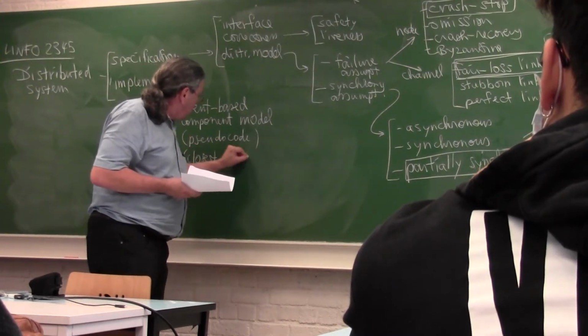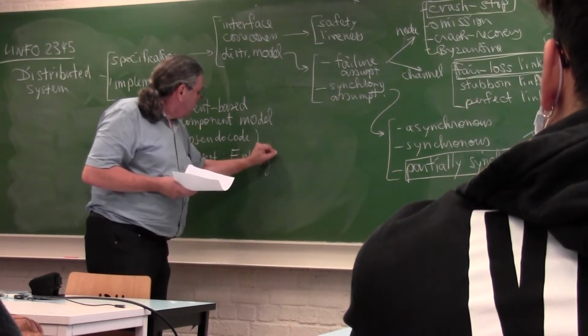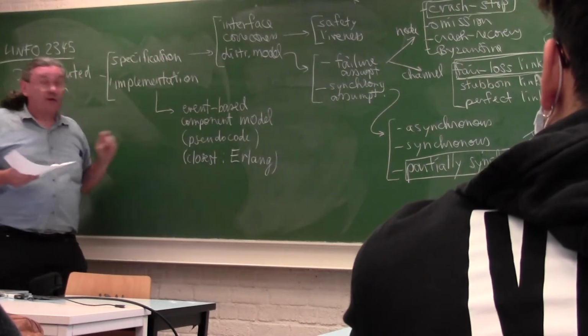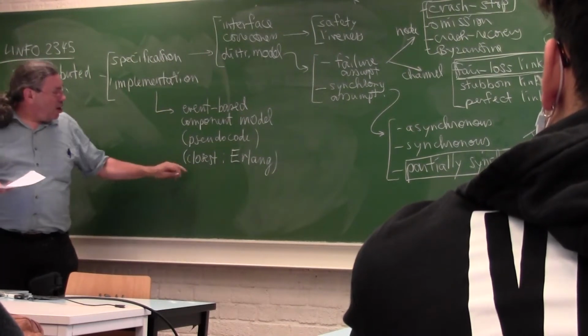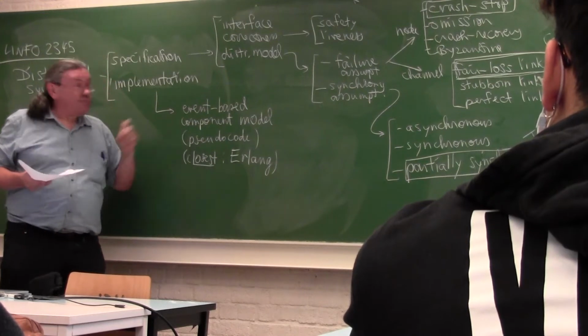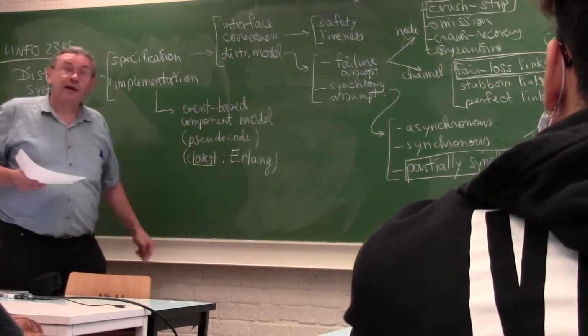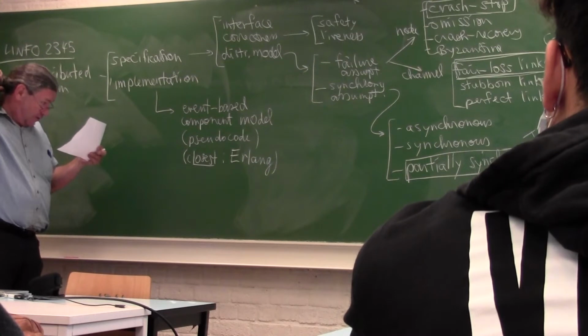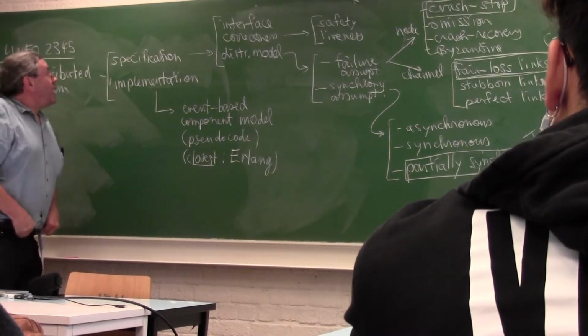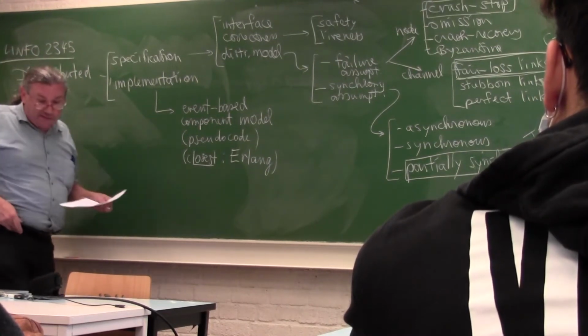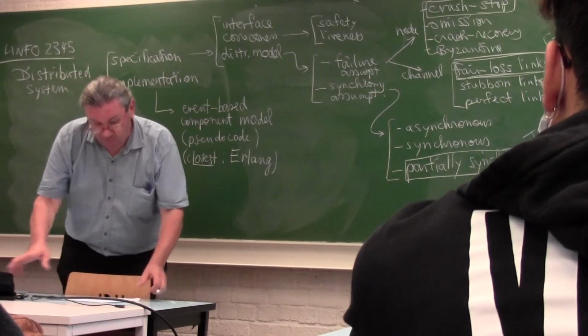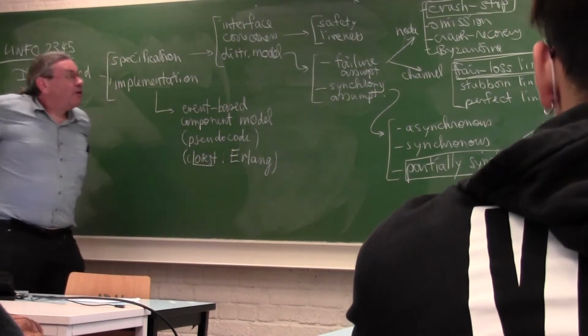Okay, the closest one, but even so, there are many things in this model that are not in Erlang. So the closest industrial language to this model is Erlang, and that's why we see Erlang in this course. Okay, so that's what we're going to see today, but first I want to finish last week's course.